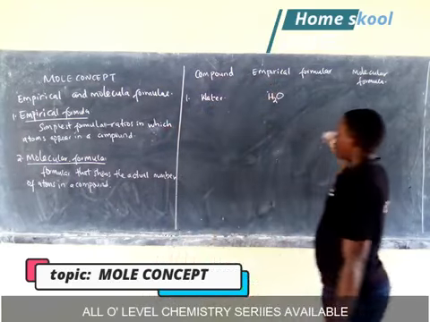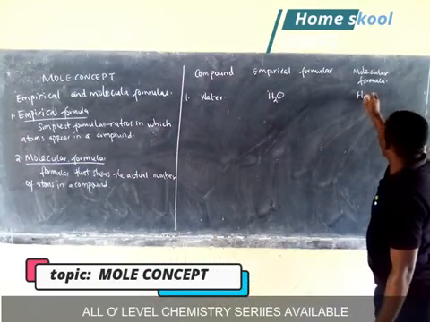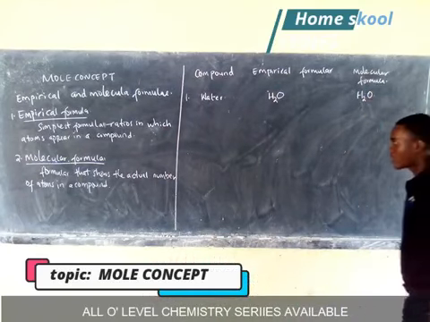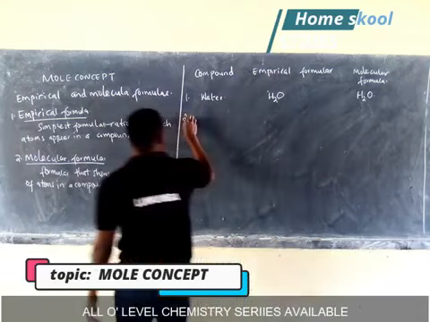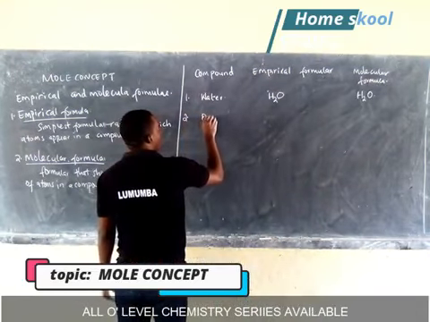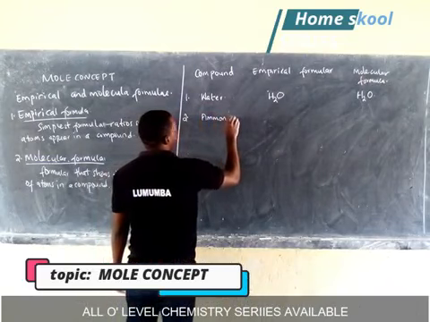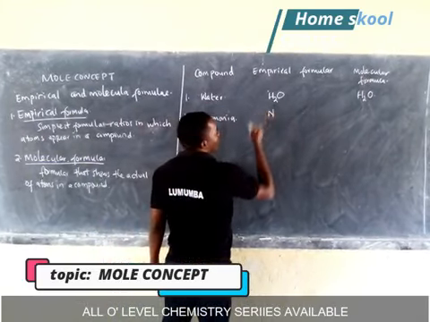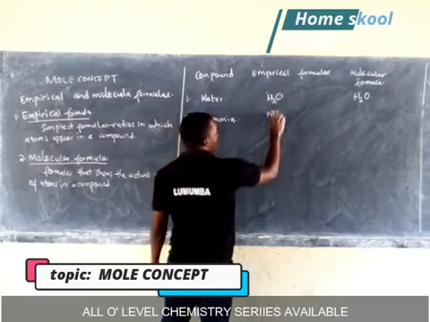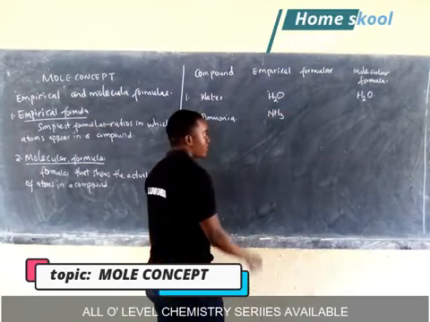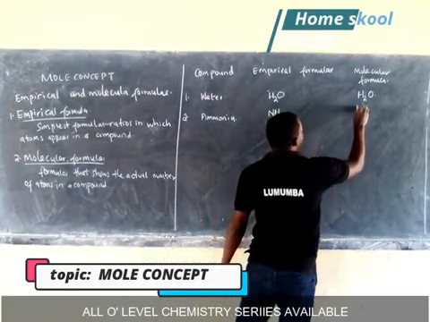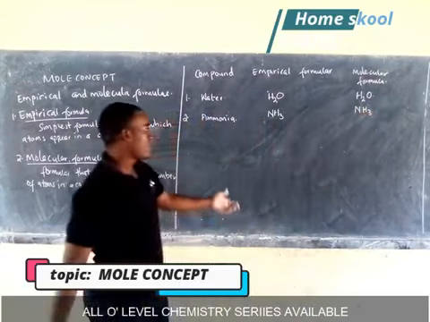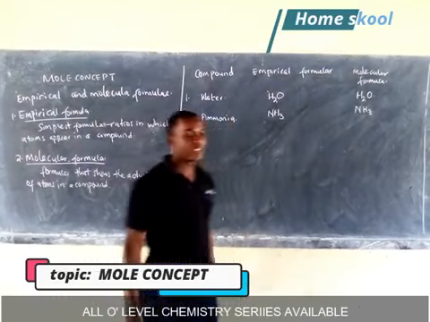At the same time, the molecular formula for water is 2 hydrogen atoms and 1 oxygen atom. Example number 2, we have ammonia. We have 1 nitrogen atom and 3 hydrogen atoms. Same here, we have 1 nitrogen atom and 3 hydrogen atoms. So the empirical formula is this, the molecular formula is that.